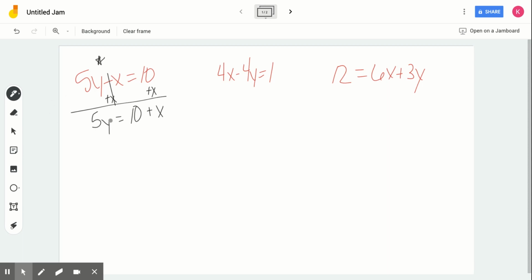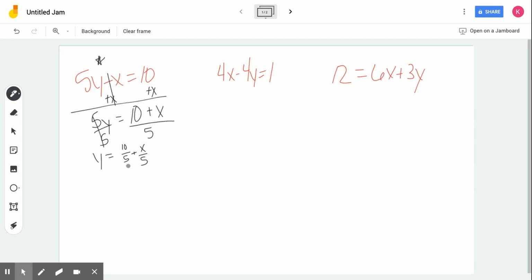The next thing that we would want to do to get y by itself: 5 and y are being multiplied, so the opposite of that would be to divide by 5. Now when we divide by 5 on this side, we have to divide everything on this side also by 5. So 5y divided by 5 will be y. This gets split up into two parts. Each item on this right side of the equation will be divided by 5.